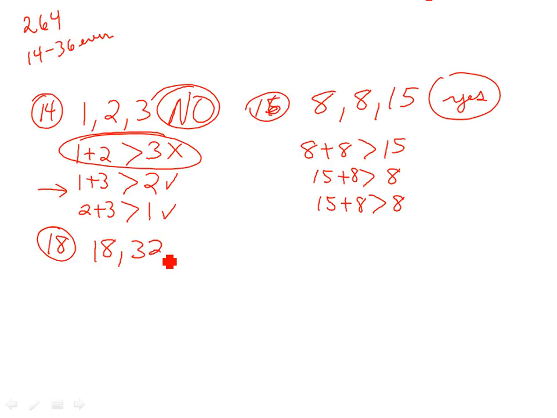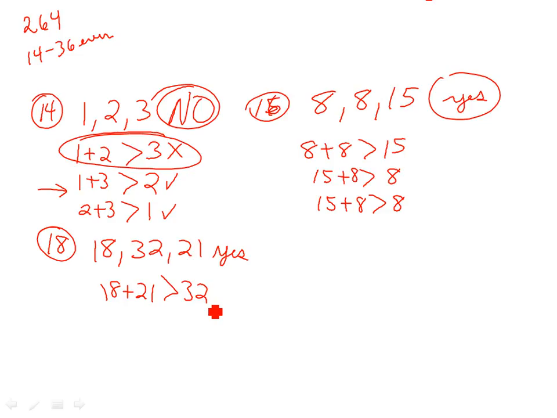18, 32, and 21. Yes or no? If you say no, then you should be able to tell why not, right? If it's no, you should be able to pick the two sides out and tell me like 18 plus 21 isn't bigger than 32.